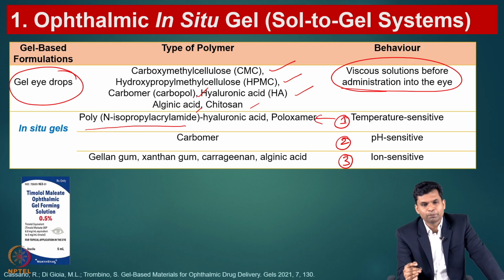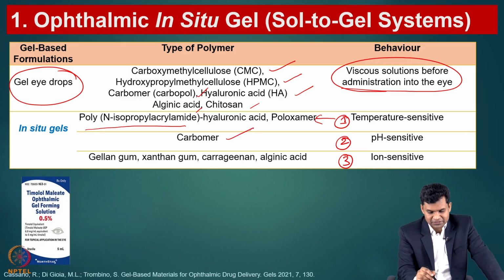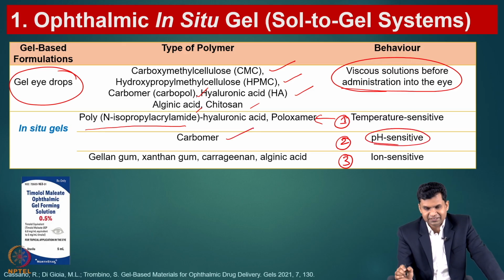Poly N-isopropylacrylamide has pH sensitive properties, and the carbomers also, when you add the combinations, and even chitosan also works as a pH sensitive polymer, and there are polymers which, based on their ions, undergo the stimuli.